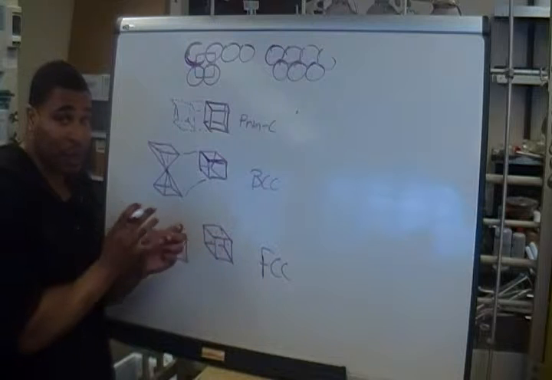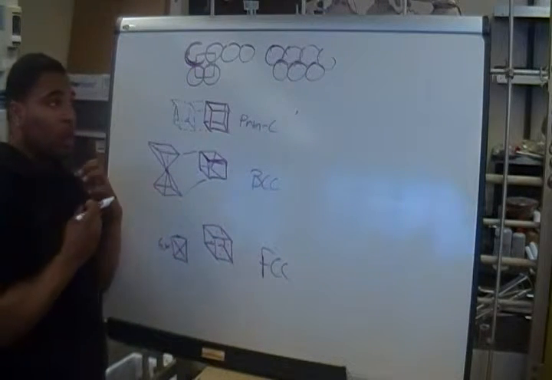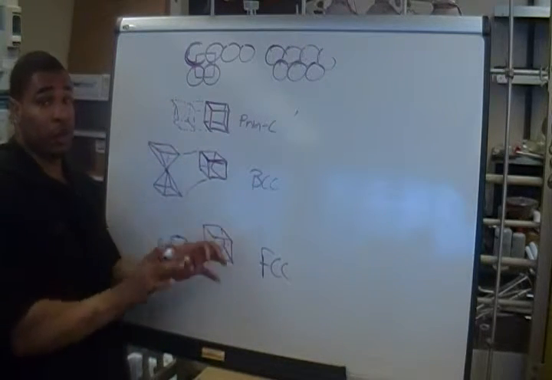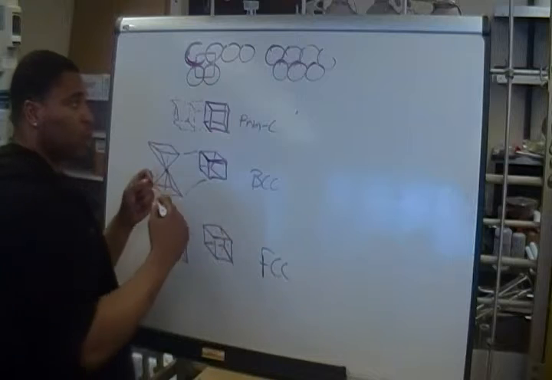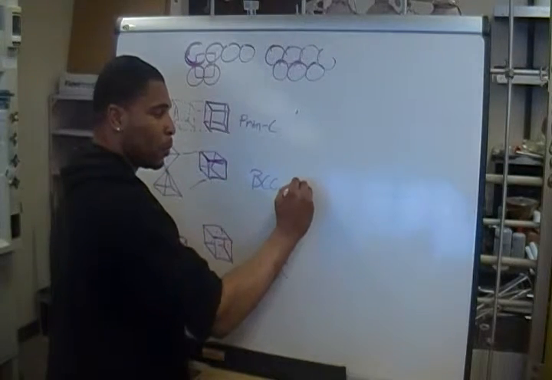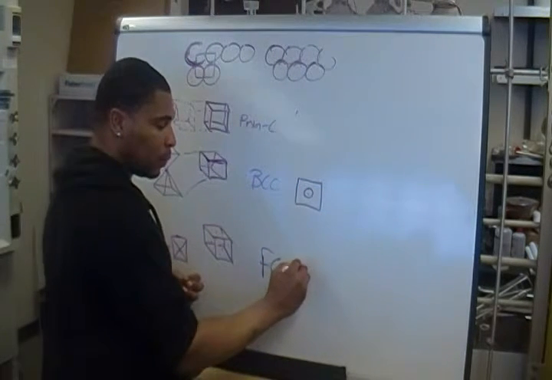Many times you want to calculate what's called a packing ratio. To do that, you start off with a 2-dimensional representation many times, let's say of the BCC and even the FCC.